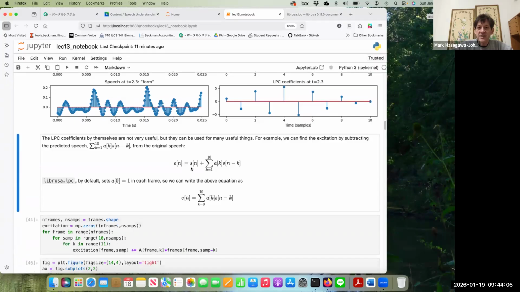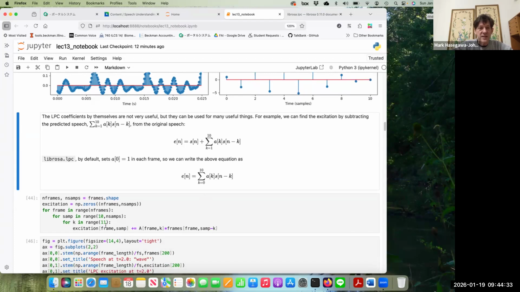And that's designed so that rather than using this first equation, we can always just use the second equation. We can always take a dot product with the time-flipped version of s. So this is actually a dot product between the a vector and a time-flipped version of s. I'm not going to use the np.dot function for this, but you could.